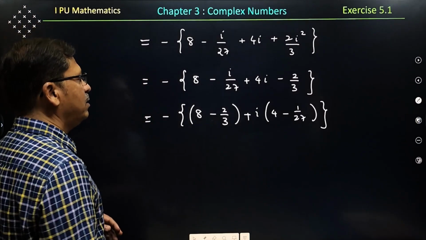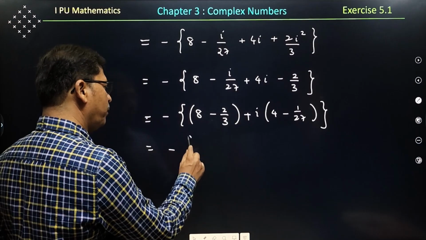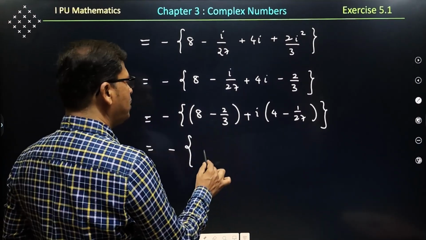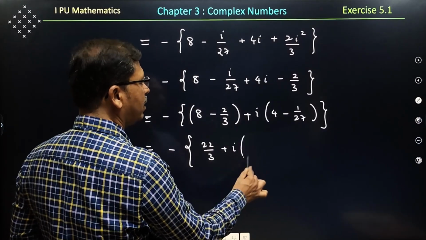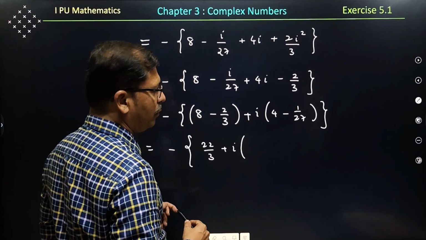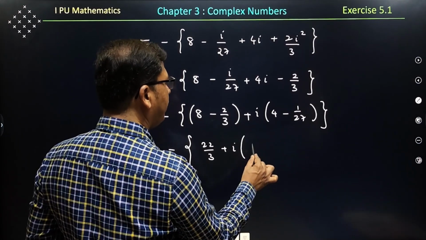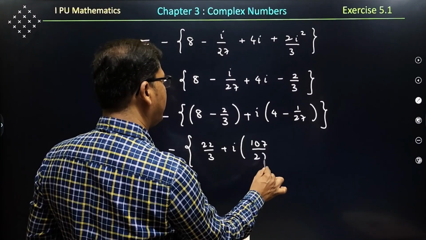So this is equal to minus sign outside. 8 threes are 24, 24 minus 2 is 22 divided by 3, plus i into bracket 27 fours are 108, 108 minus 1 is 107 divided by 27.